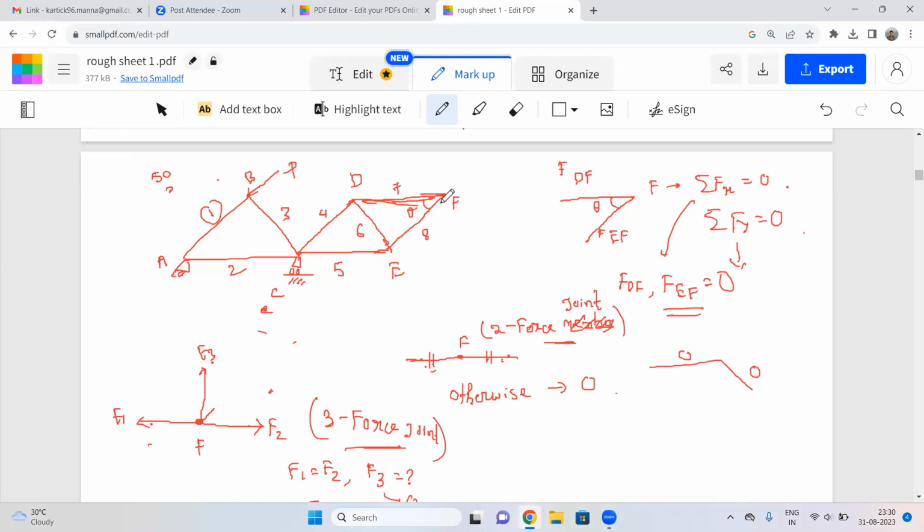Okay. So for this truss, we have found out these two values are 0, right?